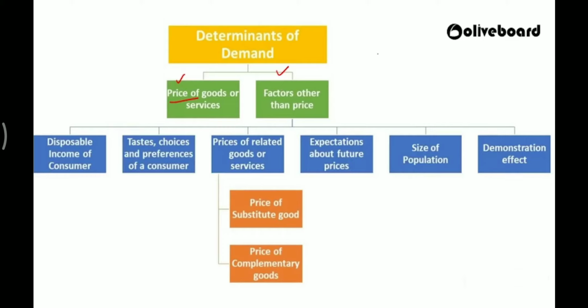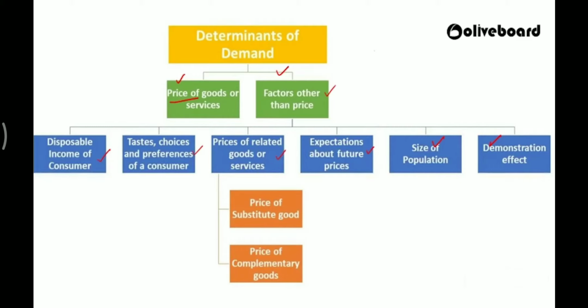Under other factors, you have income of the consumer, taste, choice and preference of the consumer, price of related goods or services, expectations about future price rise, size of the population, and demonstration effect. These are all the various determinants of demand, and we will see them one by one in the later slides.